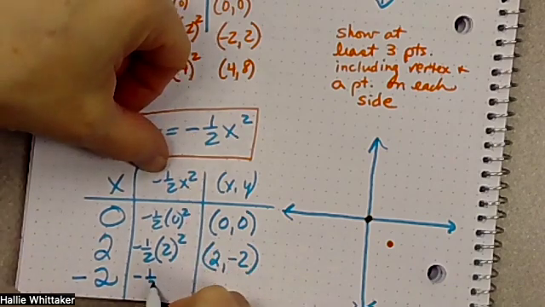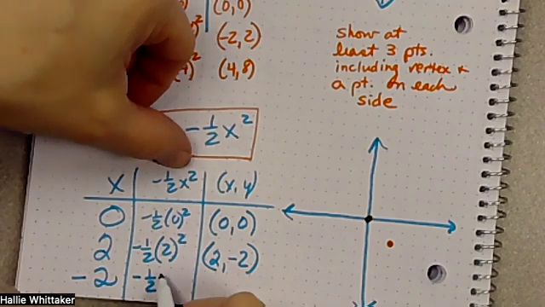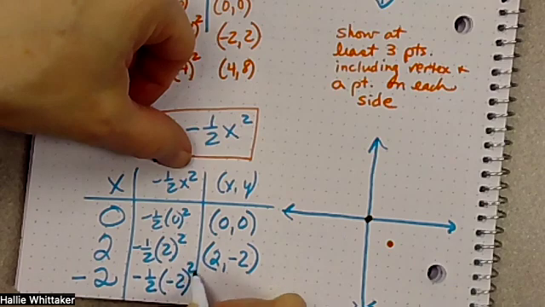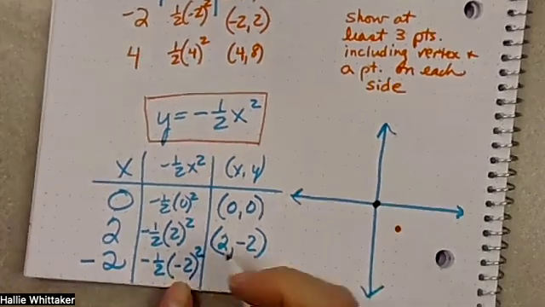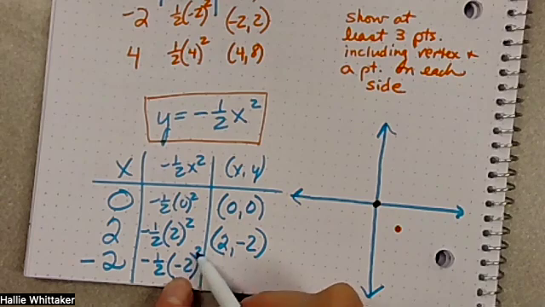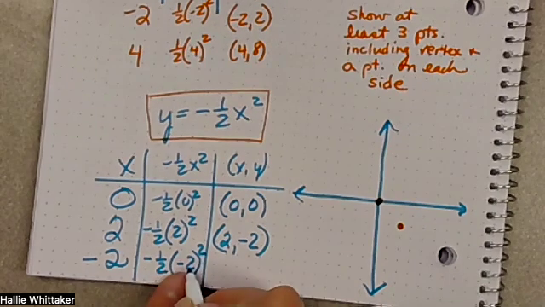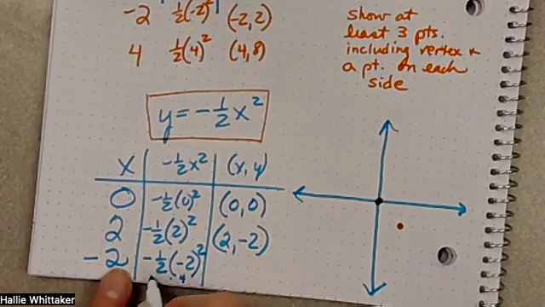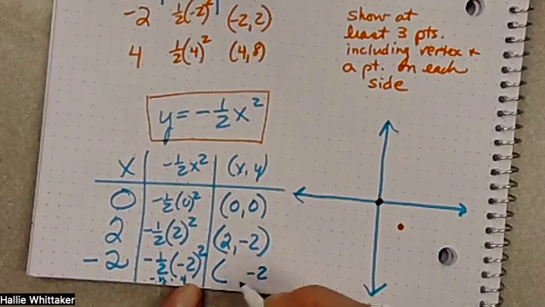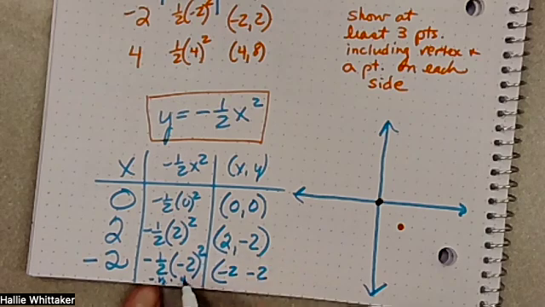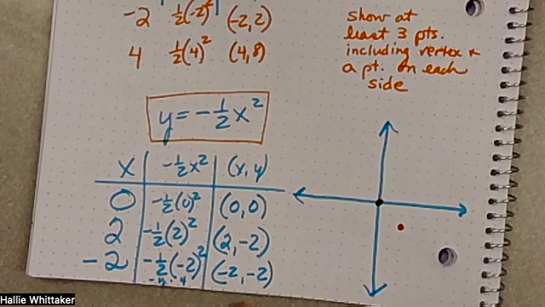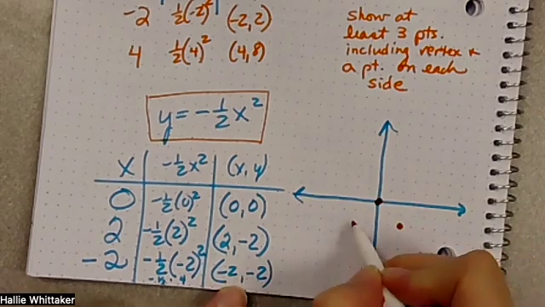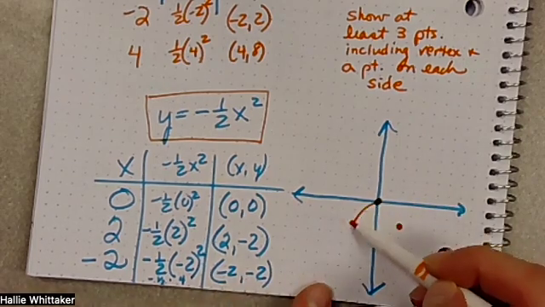I don't even know if you need to watch me for this part. -1/2 times -2 squared. Just be careful with all the negatives. -2 squared is 4. And then -1/2 times 4 is -2. So x is -2, y gave us -2. Graph that point. There. Beautiful.